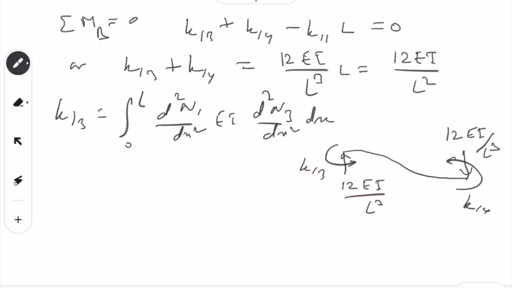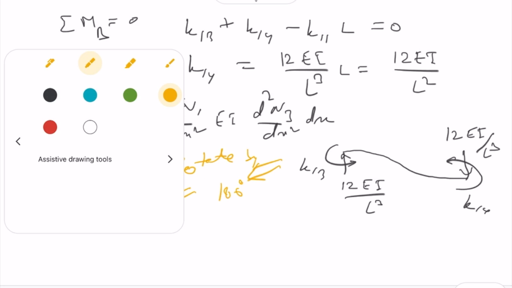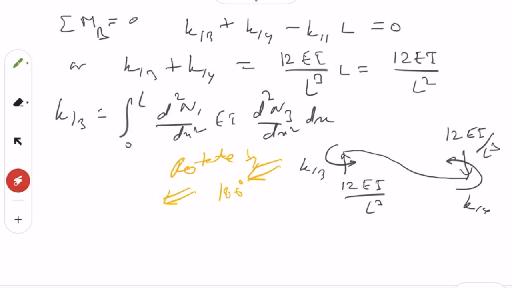If you rotate by 180 degrees, you will get exactly the same thing. This one is downward, so it will go to this side and become upward, and this is upward, it will go here and become downward. This will just be interchanged. So the figure looks something like this.